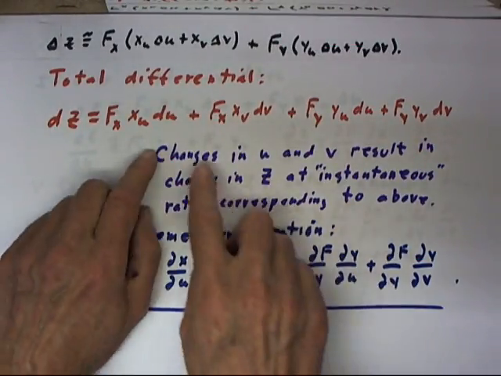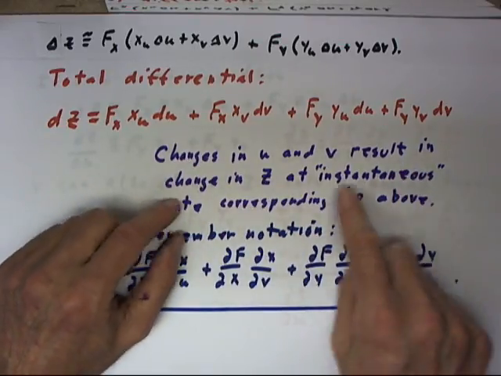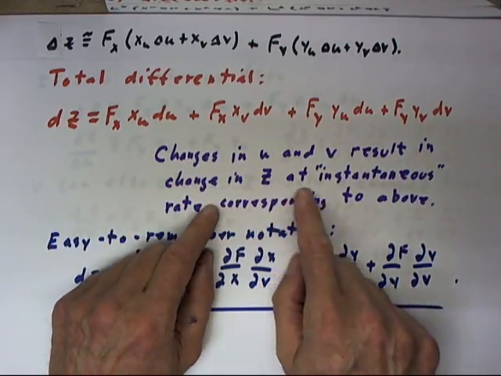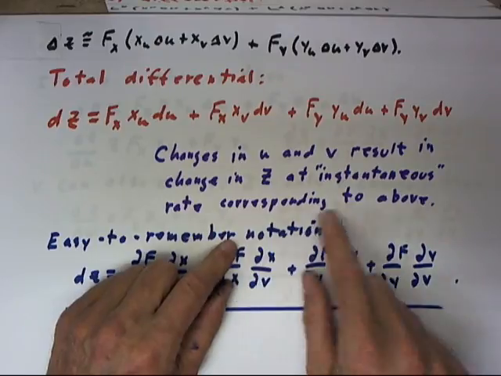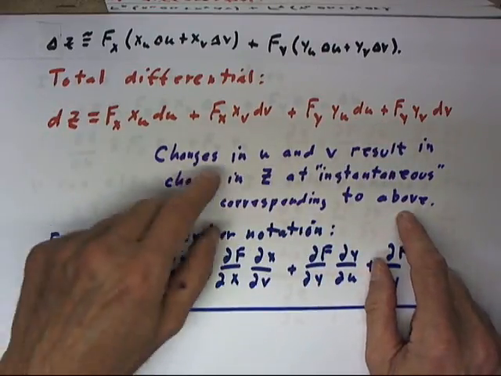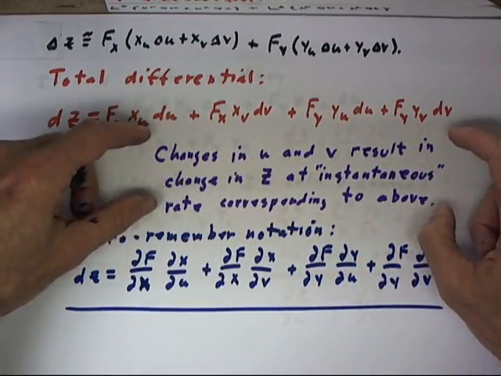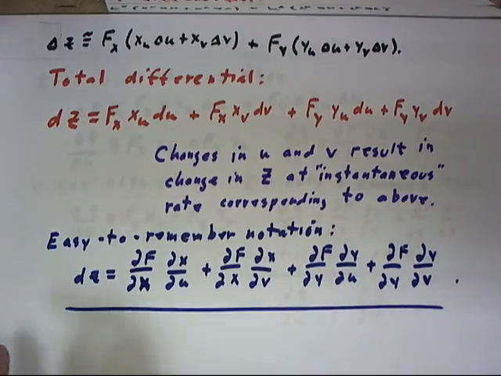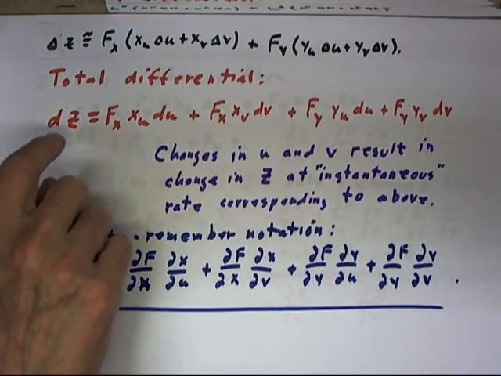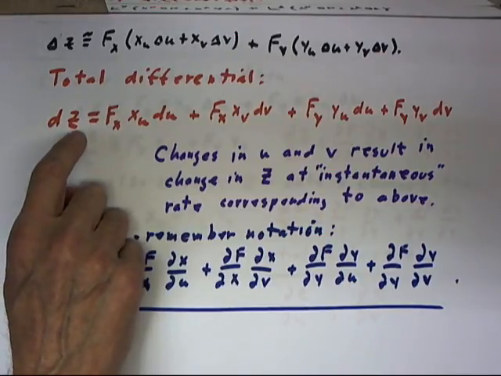So what we're saying is the changes in u and v result in a change in z at an instantaneous rate corresponding to the above. And we'll try to make this more clear and more rigorous a little bit later. This is called the total differential.